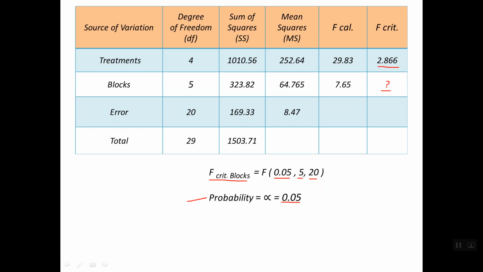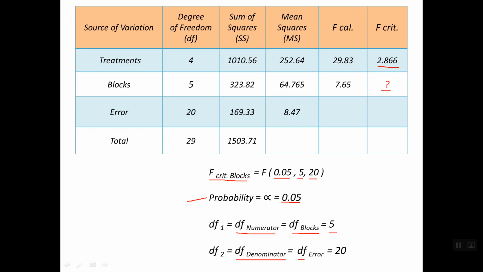It is given in the question. Regarding the first degree of freedom, which is called the degree of freedom for the numerator, it is simply the degree of freedom for the blocks, which is equal to 5. And the second value, called the degree of freedom in the denominator, is simply the degree of freedom for the error, which is known to be 20.